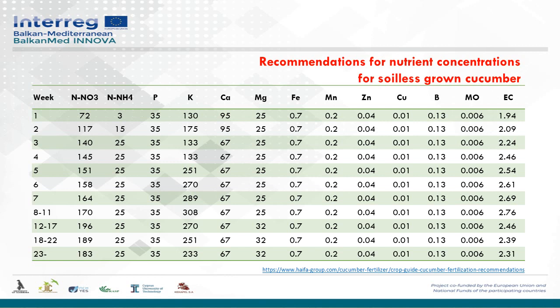You can use the table which is presented here as recommendations for the nutrient concentration in soilless greenhouse cucumber, and you can see here that the concentrations of any of these fertilizers are changing, gradually increasing from the first week until the harvesting period.